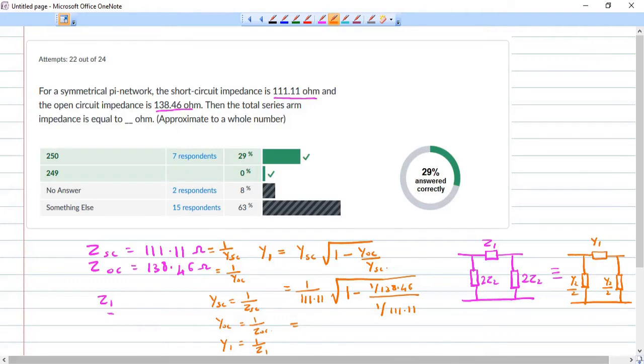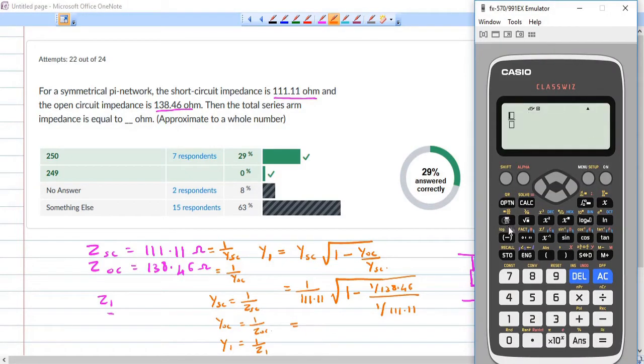So that should be equal to 1 by 111.11 root of 1 minus, we can bring this denominator quantity to the numerator and rewrite this as 111.11 divided by 138.46.